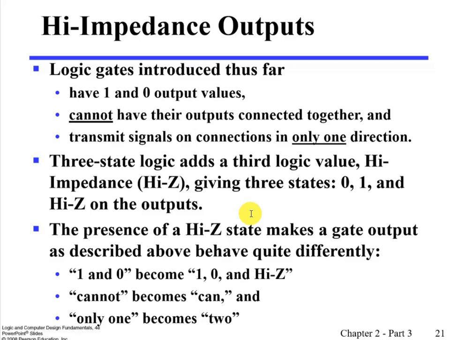So we can have this high Z output act as both input and output. This is sometimes referred to as a bidirectional input-output. Instead of carrying signal in just one direction, we can have the signal carried in 2 directions, for interconnection between different gates. Having such a bidirectional input and output feature can significantly reduce the number of interconnections required in circuits.